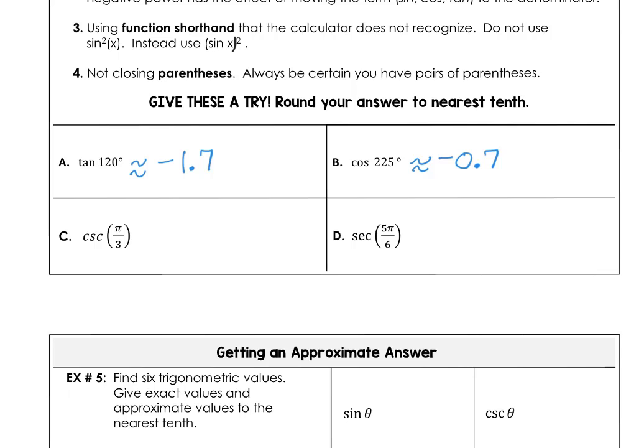But if you have a scientific calculator, you can use 1 divided by sine of pi/3 and get the same answer as using the cosecant key if you had a more sophisticated calculator. I have 1.2. And then same for secant, you can do 1 divided by cosine of 5 pi/6, or if you have the secant button, you're going to get -1.2.